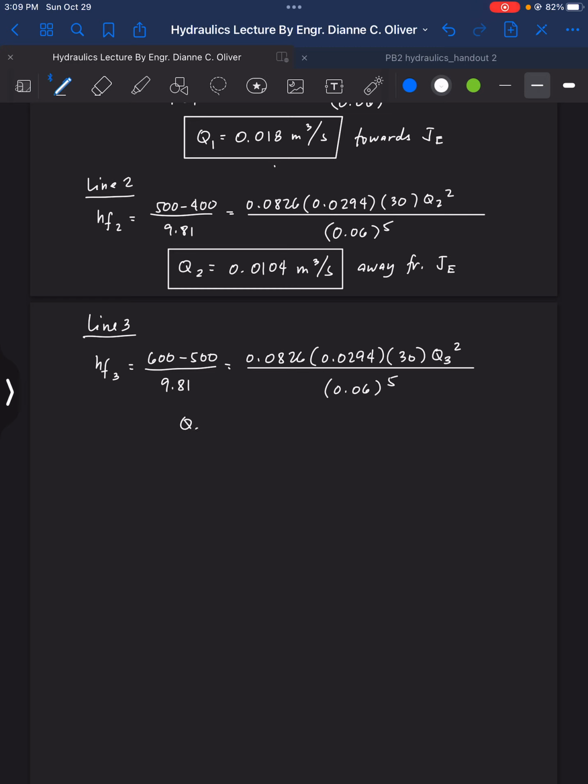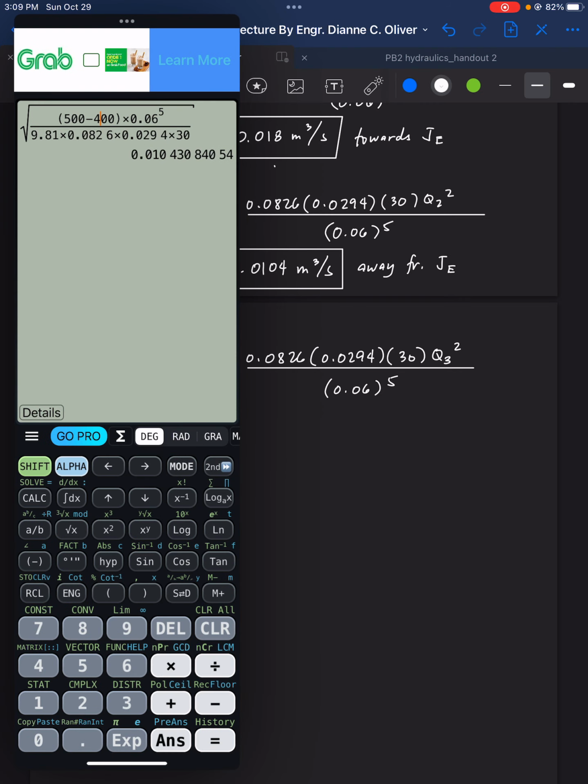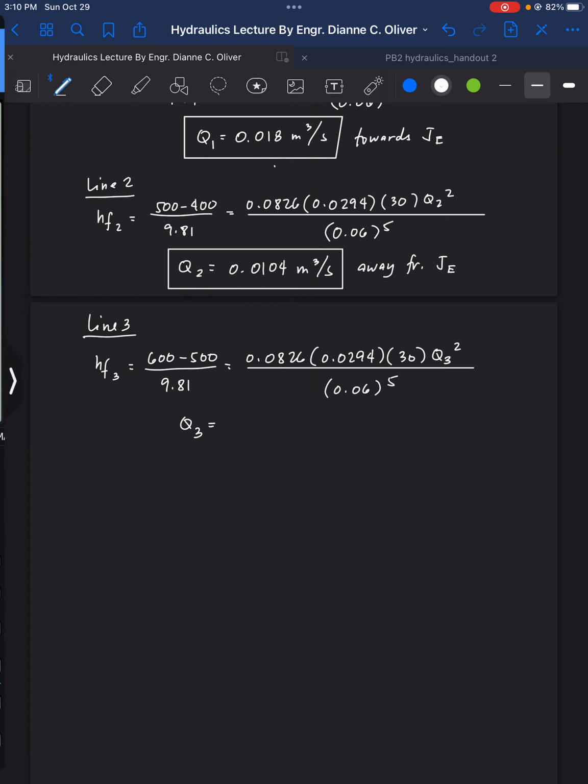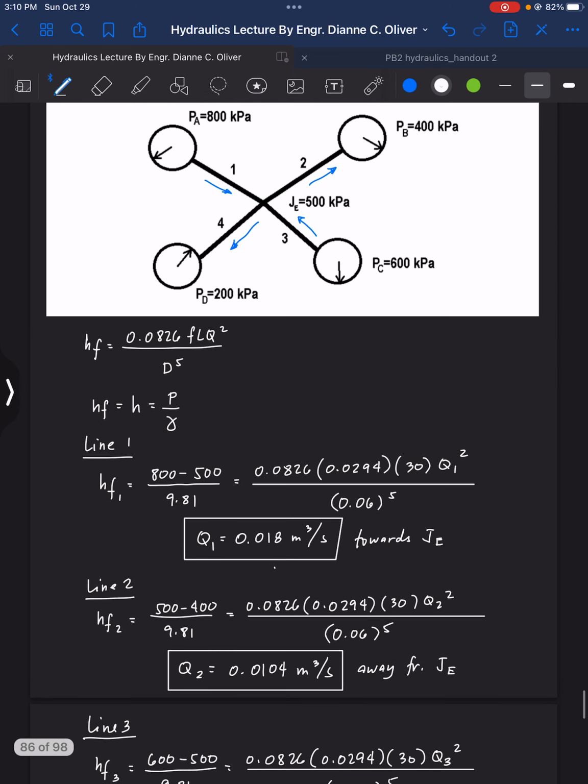So what is Q sub 3? That is 600 minus 500. So again, this is the same, 0.0104 cubic meter per second. And the direction here, for pipe 3, is towards junction E.